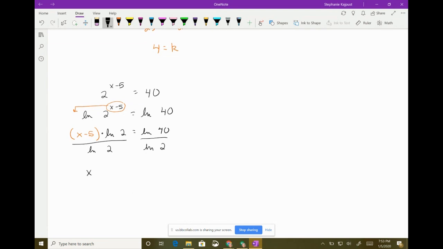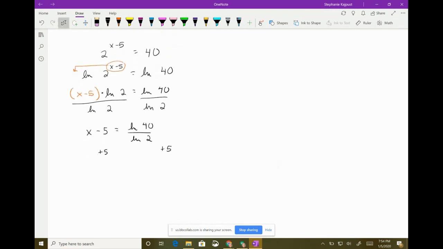And so that would cancel that out, and I'm just left with x minus 5. And then I have this natural log of 40 over the natural log of 2 thing. Then if you're solving for x, you just have to add 5 to both sides. And so then x equals the natural log of 40 over the natural log of 2.